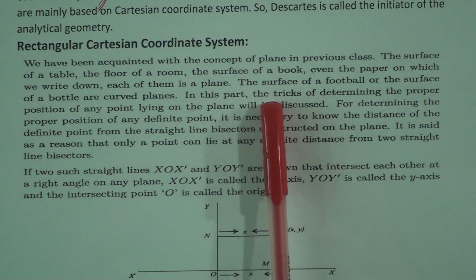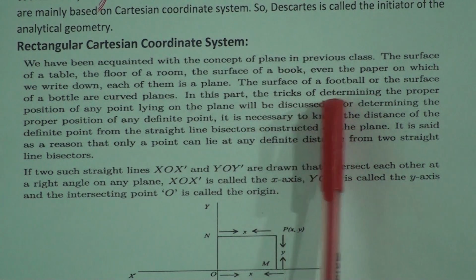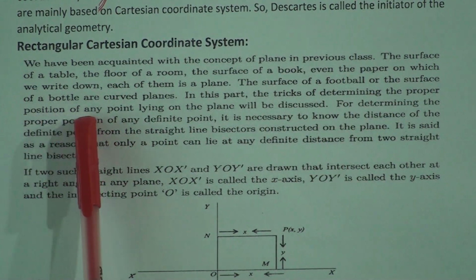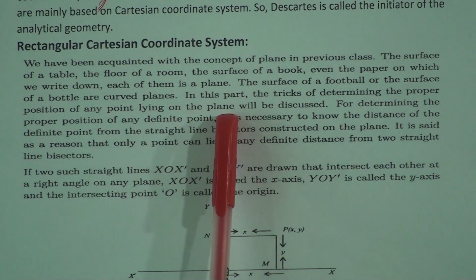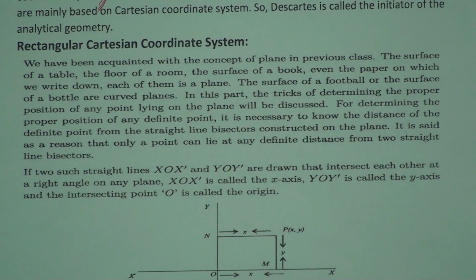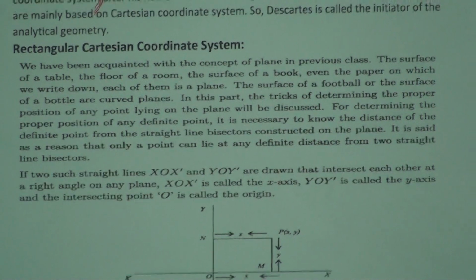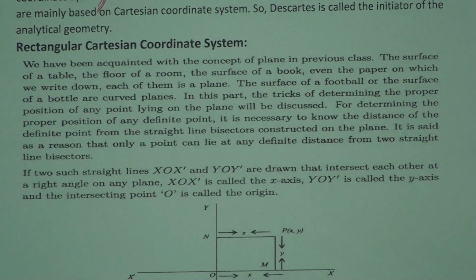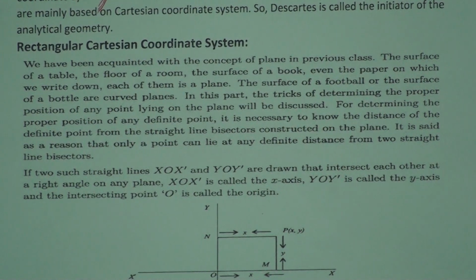In this part, the trick of determining the proper position of any point lying on the plane will be discussed. In the rectangular Cartesian coordinate system, we will learn how we can determine the particular or exact position of a point.